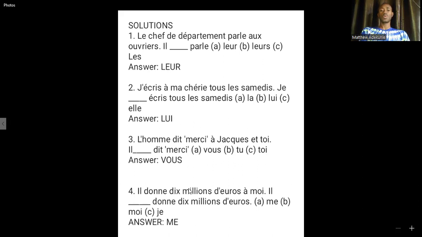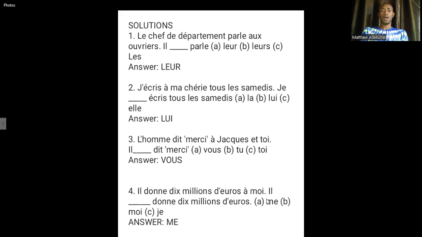Then the fourth one, il donne 10 millions d'euros à moi. He gives 10 million euros to me. In other words, he gives me 10 million euros. Then, how do we change it to he gives me? Then we'll say, il me donne 10 millions d'euros. Il me donne. And don't forget that all these COEs come before the verb, all right?